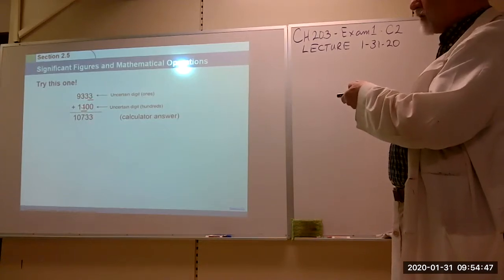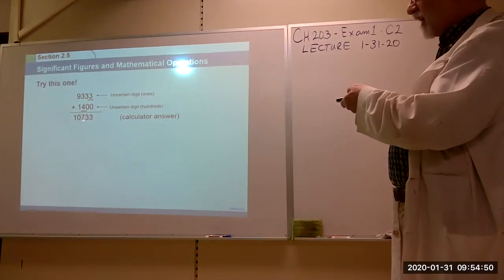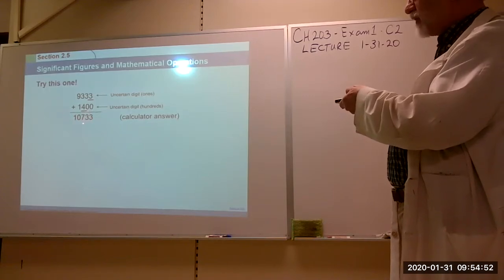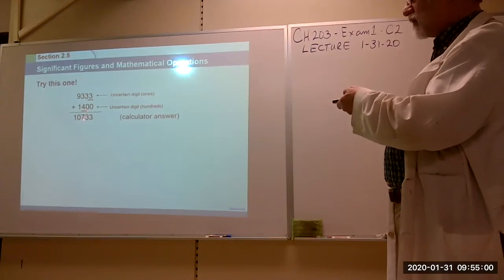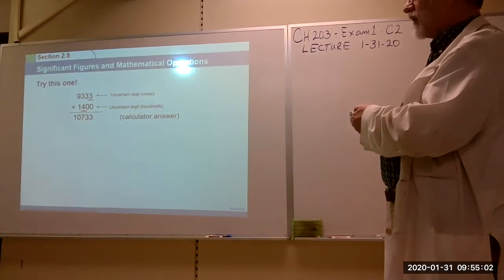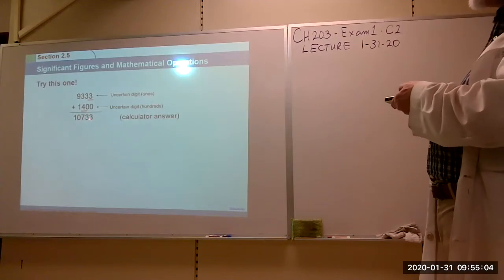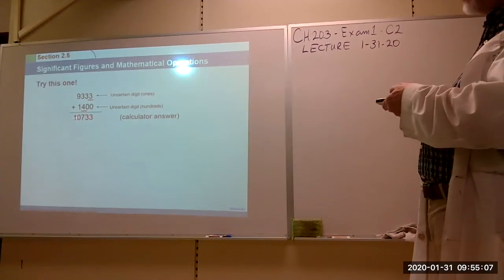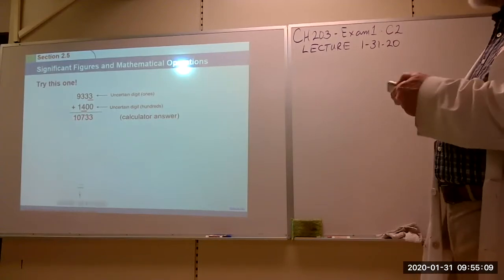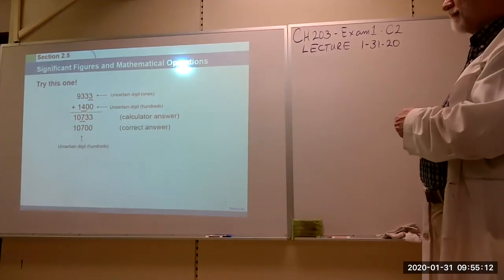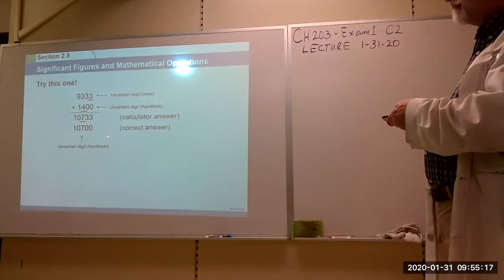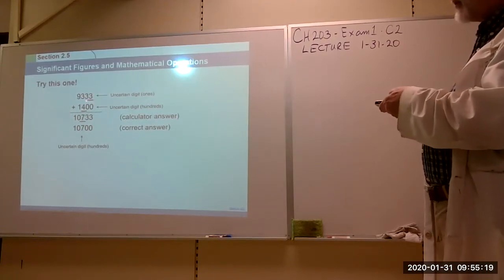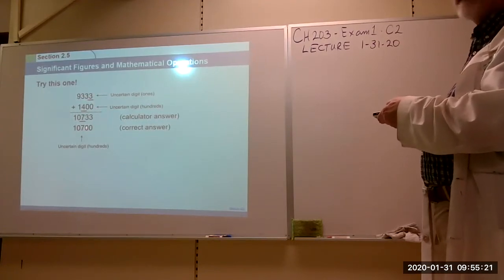That would be the one furthest to the left. So you can add them all up like that, but then you have to round it off to this position right here. Not to the number of significant figures, but to the position of the uncertain digit right there. Since this is less than 5, it'd be rounded off to 10700. And that only has 3 significant figures in it. This one had 4, this one had 2, but the answer can have 3.